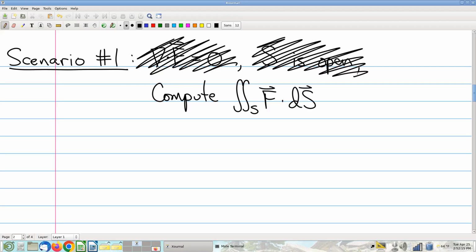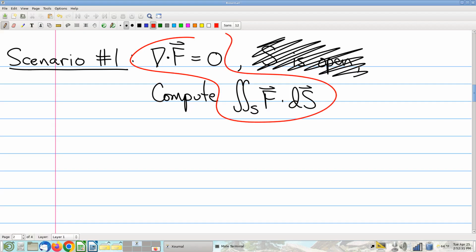Okay, so what a lot of students will do, very reasonably, they'll compute the divergence and get that it's 0. That's fine. Okay, here's where things go off the rails. Students will then think to themselves, oh, I remember a theorem that relates divergence to flux. That's Gauss's divergence theorem.